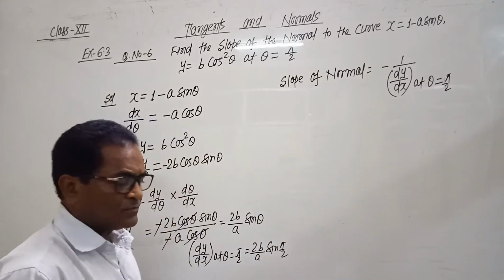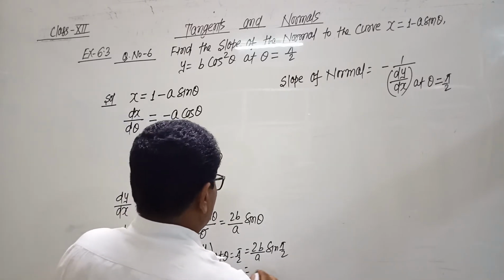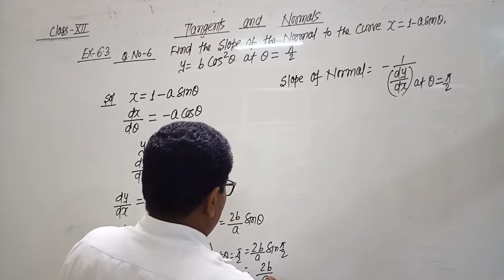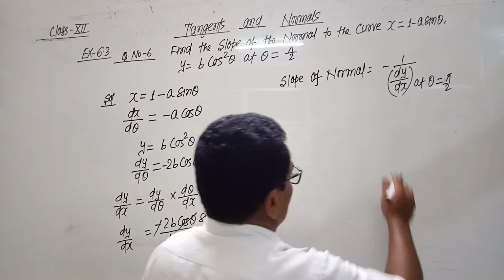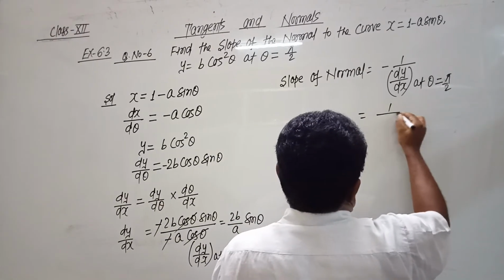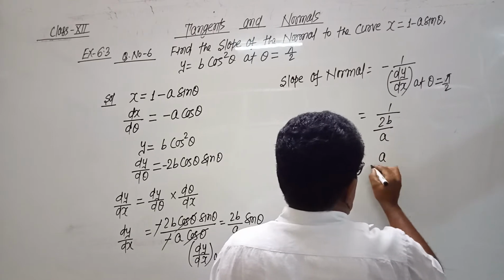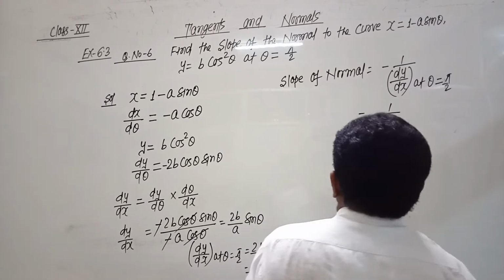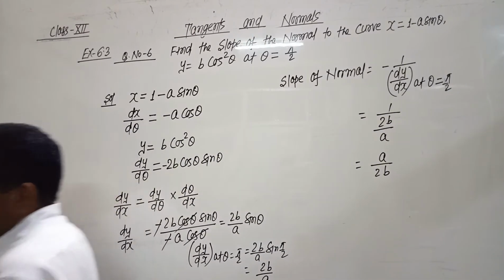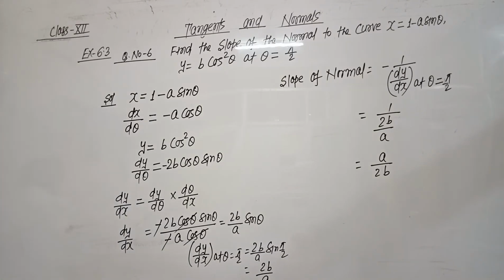Sin pi by 2 is 1, so it is 2b by a, and put the value, so 1 upon 2b by a, which becomes a by 2b.